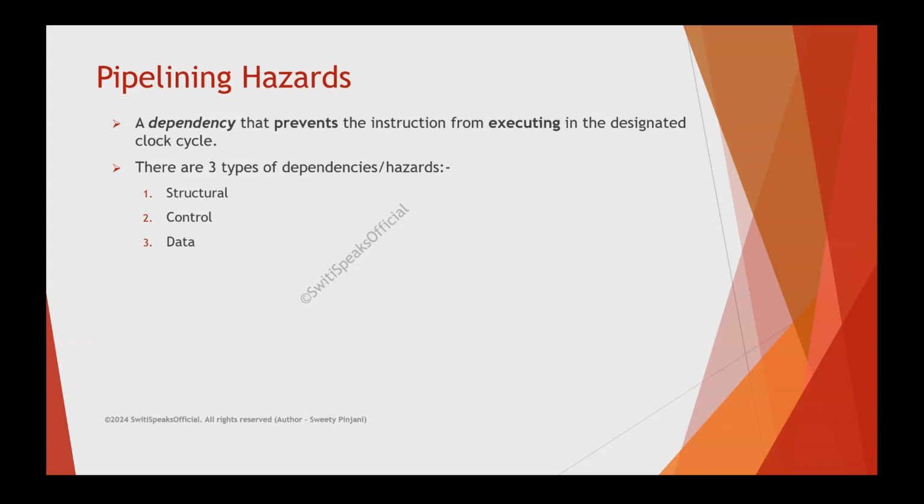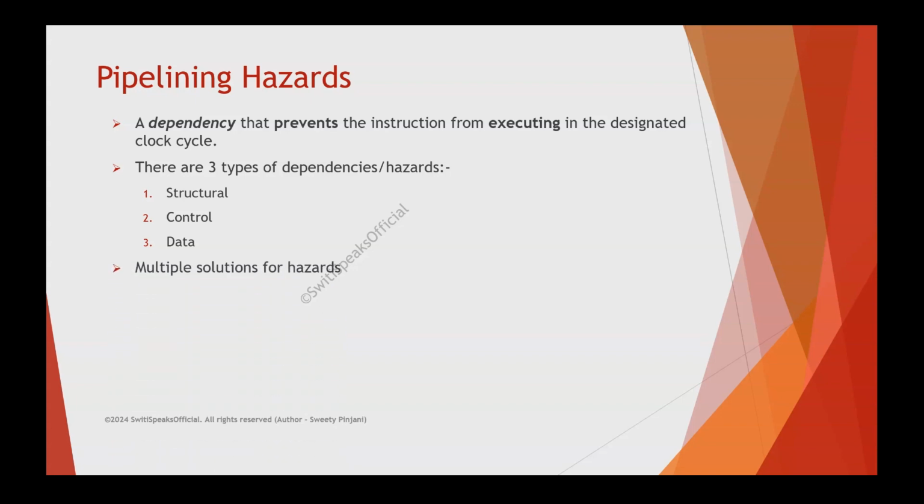While decoding, it knows that it needs access to R0. But the problem is if it goes and reads the value of R0 during execute, then it will get the old value because when your second instruction is in execute, the first instruction is not yet completed. It's not yet in write back, so you will get the old value. This kind of hazard is called a data hazard.